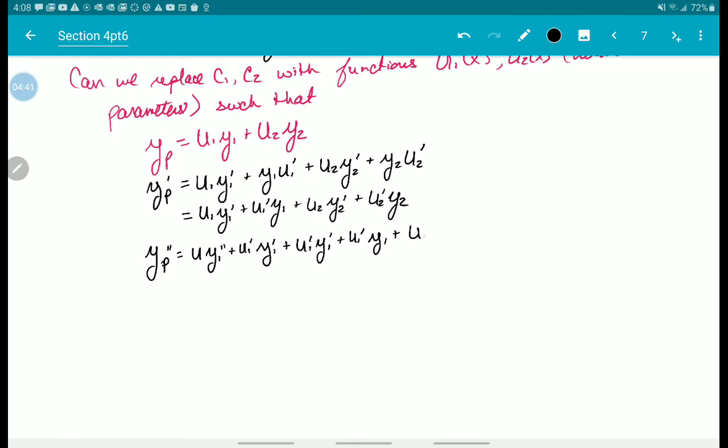I'm missing the prime there. Derivative of the second plus second derivative of the first, and then that last one, first times the derivative of the second plus second times the derivative of the first. I'm just going to take a moment and make sure I have my primes in the right place.